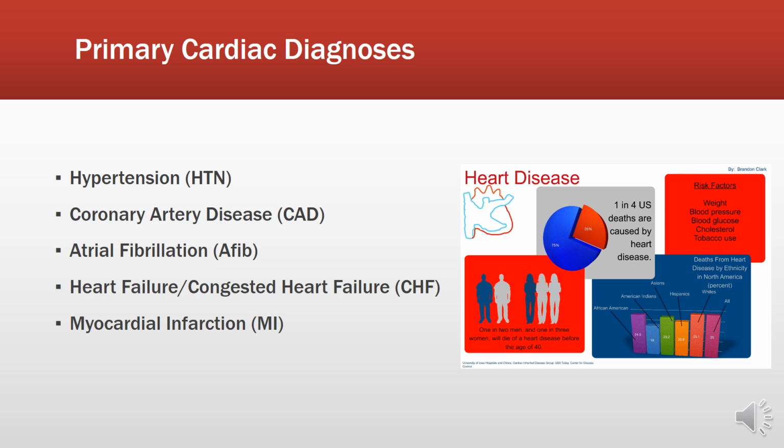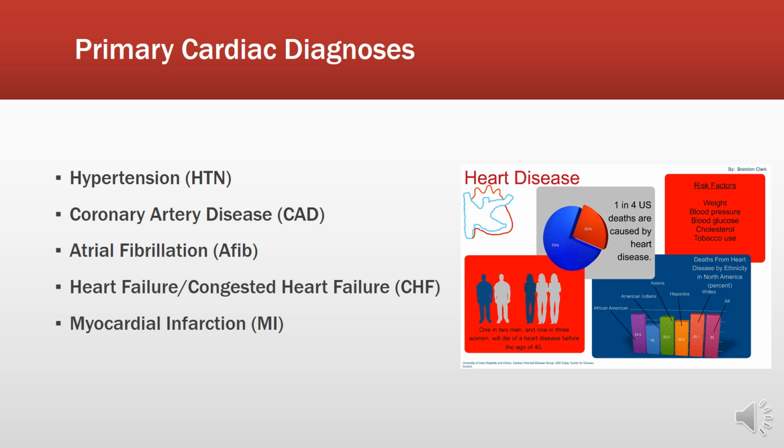So when we're talking about classifications, normal blood pressure is about 120 or a little less for systolic, and around 80 or a little less for diastolic. Someone who is considered prehypertensive is going to be running around 120 to 138 systolic, or 80 to 89 diastolic.